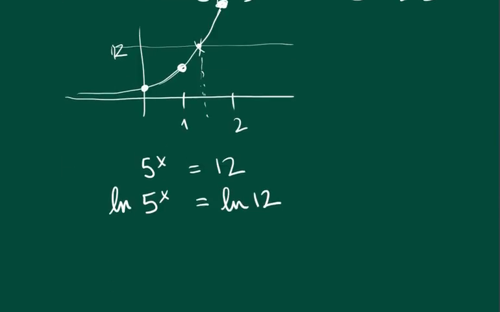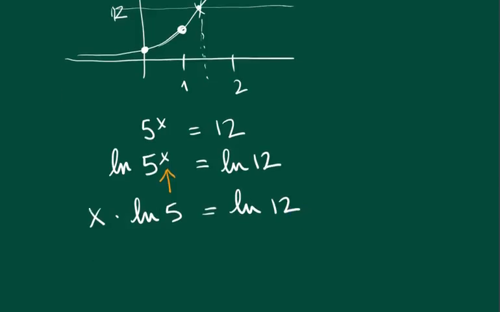Now, natural log of 12 is just a constant that I can use a calculator to figure out. Using the rule that we know for getting exponents out of there by taking the log of both sides, this gives me x times the log of 5 is equal to the log of 12.